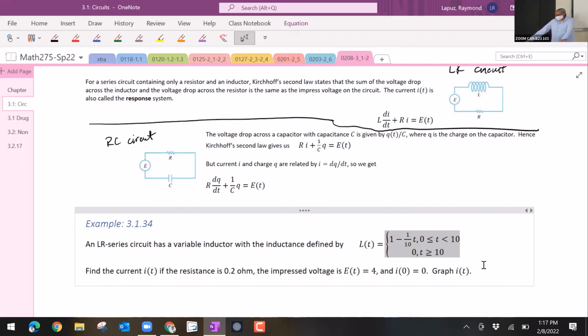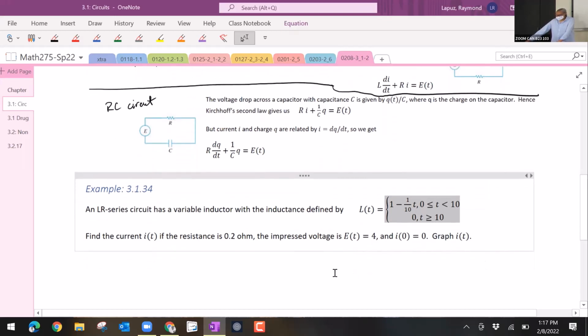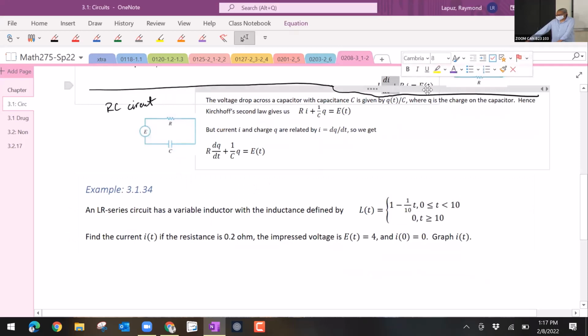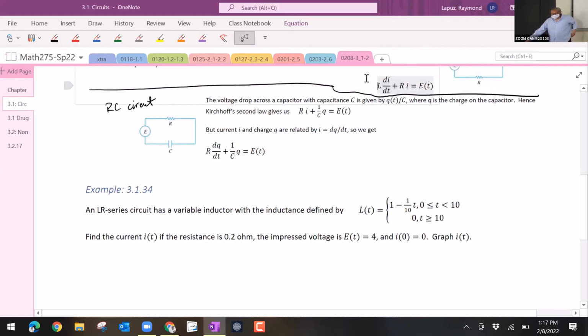They want us to find the current I, which is a good thing because this is the differential equation that we need to use. It has an I in it. We want to find the current I if the resistance is given by 0.2 ohms and the voltage is constant at 4. And then we have an initial value of 0 at time 0.